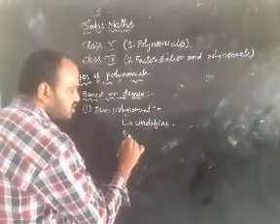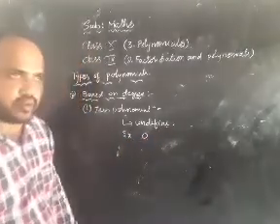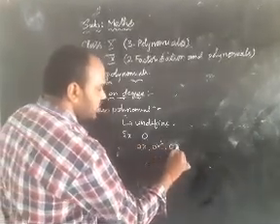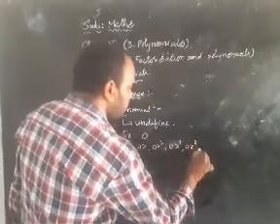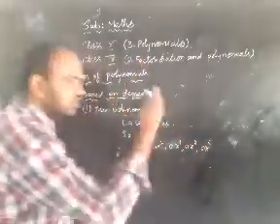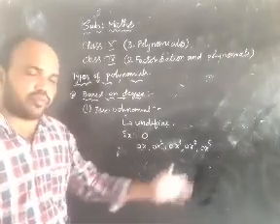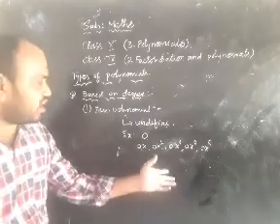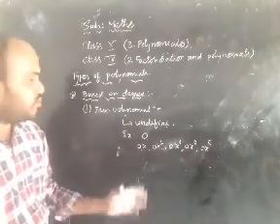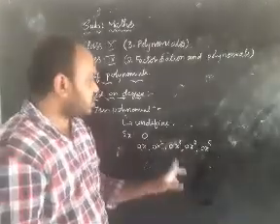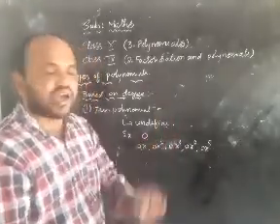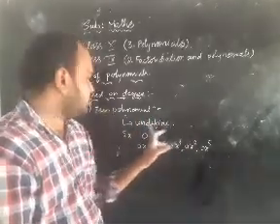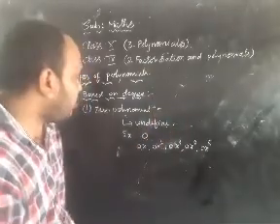Because zero itself is called the zero polynomial. We can write 0 as 0 into x, 0 into x square, 0 into x cube, 0 into x to the power of 4, 5, 6, 0 into x to the power of 100, 0 into x to the power of 1 lakh also. We get 0 only, but we cannot have a fixed power here, so we cannot say the power. So it is undefined. The degree of the zero polynomial is undefined.